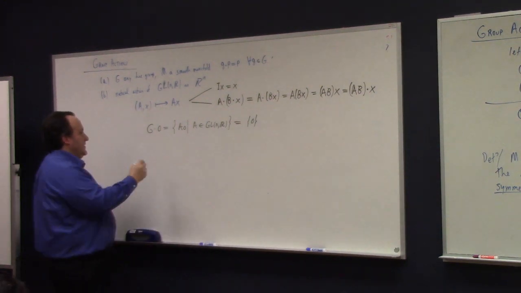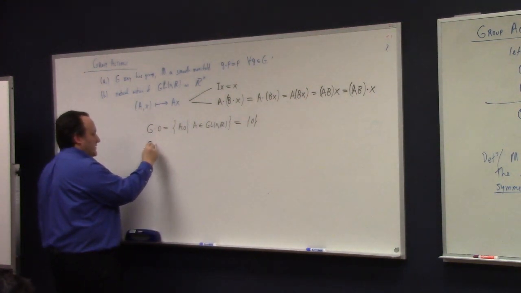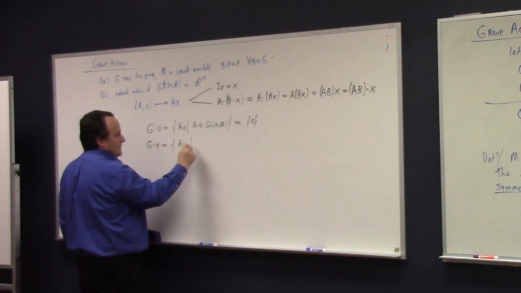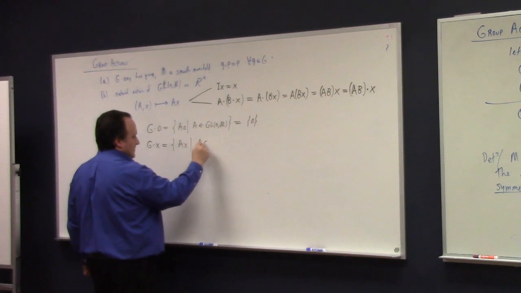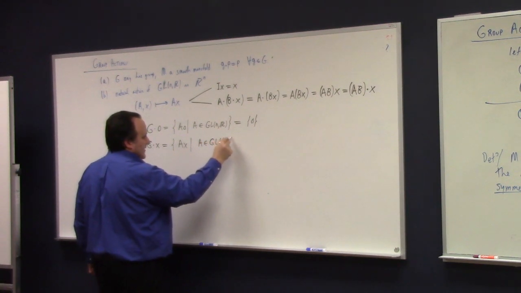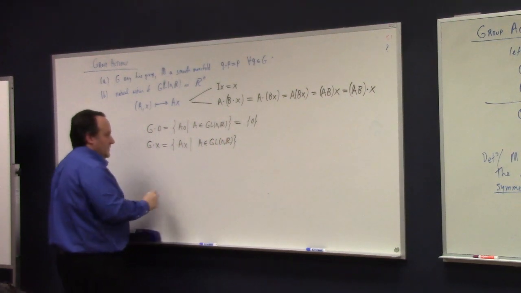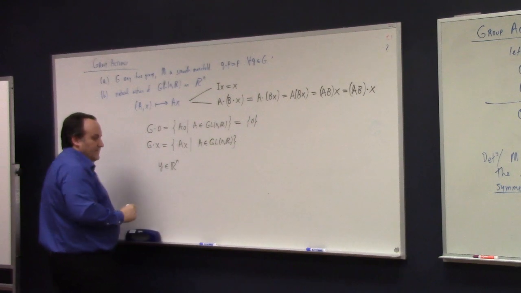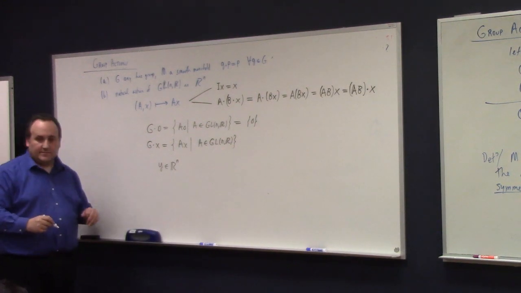But he claims that if we have G times X, so we're looking at AX such that A is an invertible matrix, that's everything else. So let Y be an element of Rn. X is fixed here.